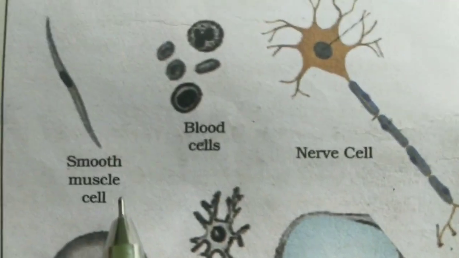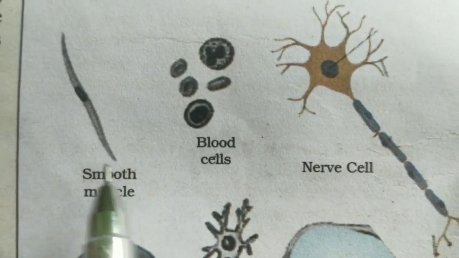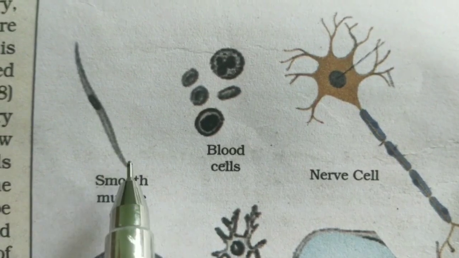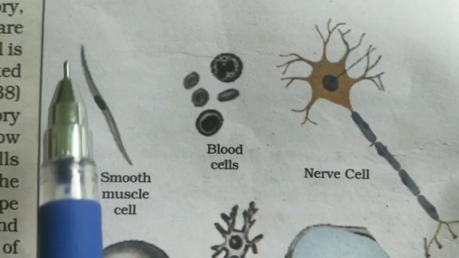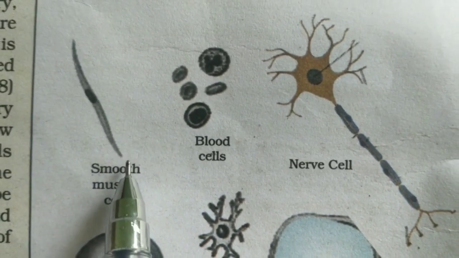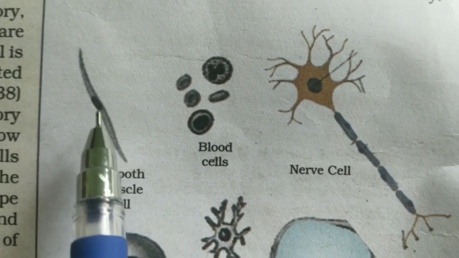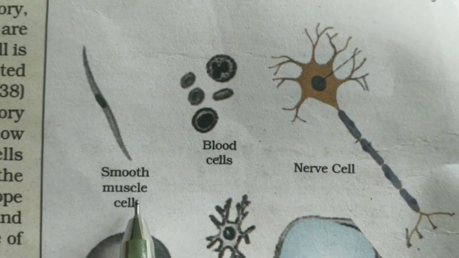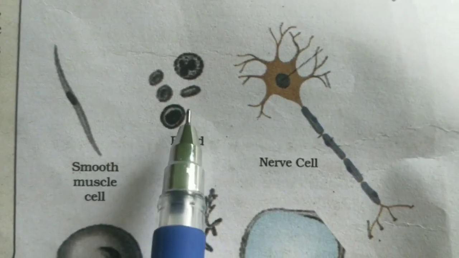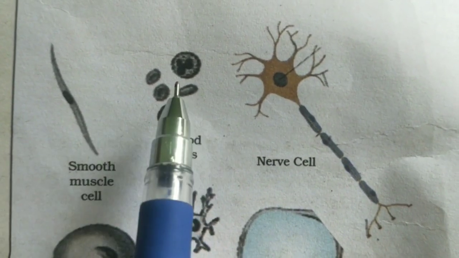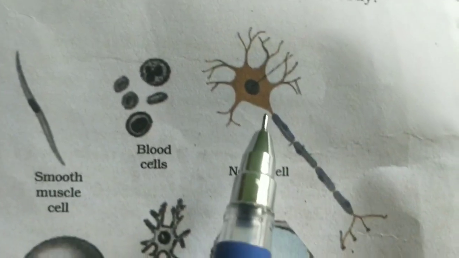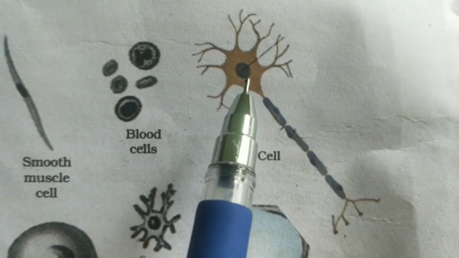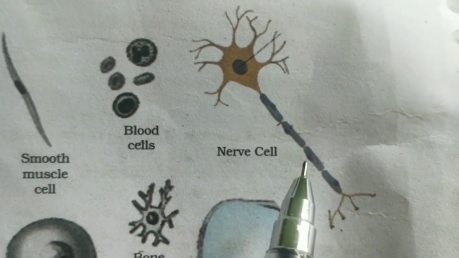Here are some examples to show that cells vary in their shape. Some are spindle shaped, means pointed at both the ends, and such type of cells we find in the muscle cells. Some are oval, and these cells we find in the blood cells. And some cells are branch type. This is an example of the nerve cell.